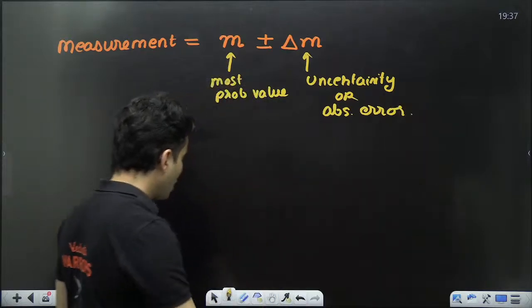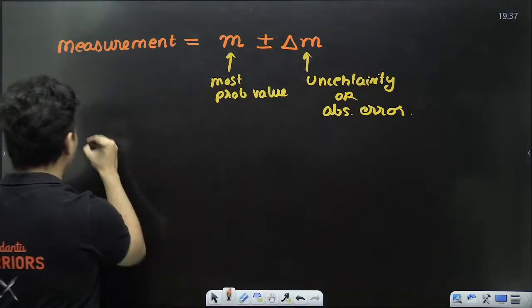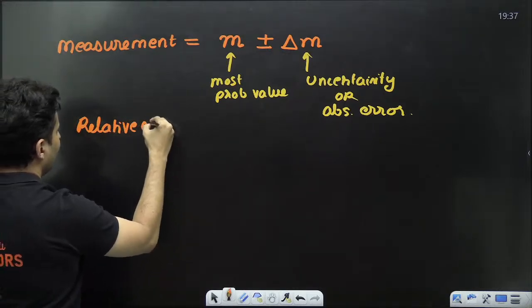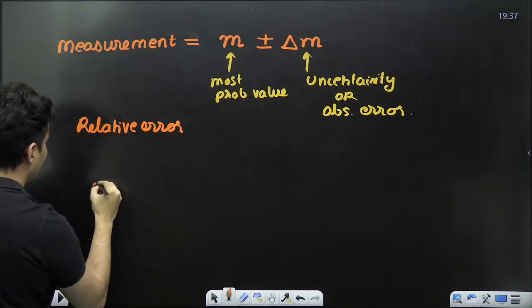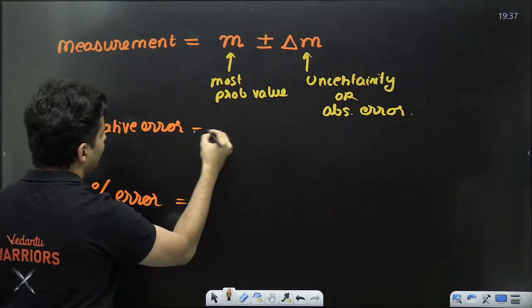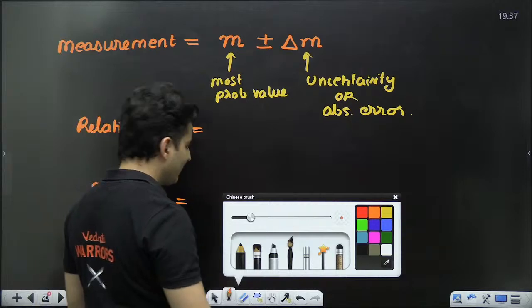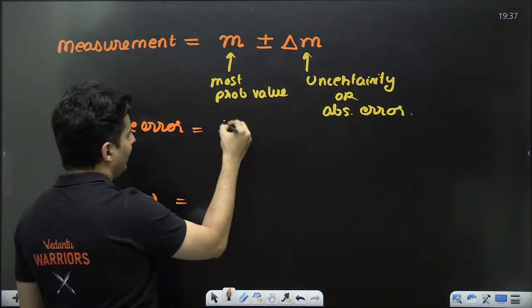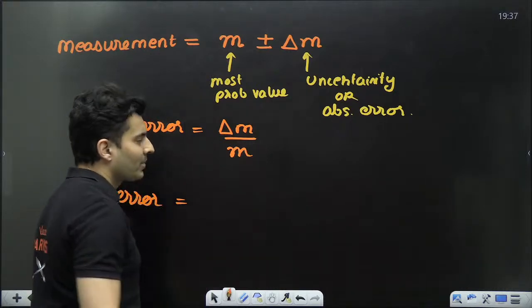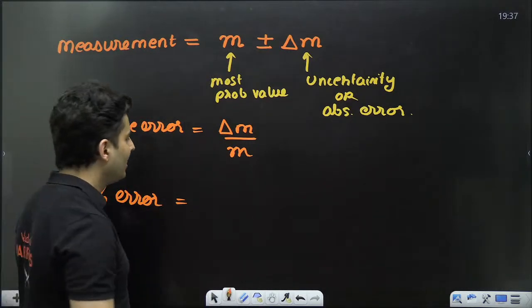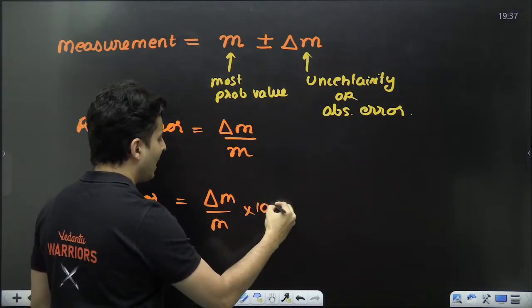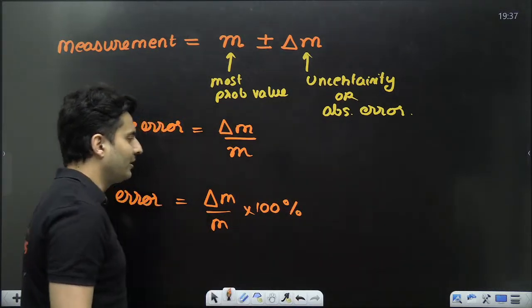In that, you have a term called relative error, and also the percentage error in the measurement. So what is relative error? Relative error is that error upon the most probable value. It's a fraction. And percentage error is that relative error multiplied by 100, you will get it in percentage.